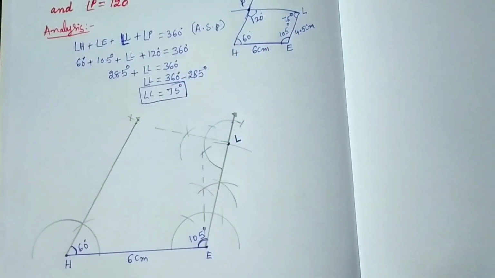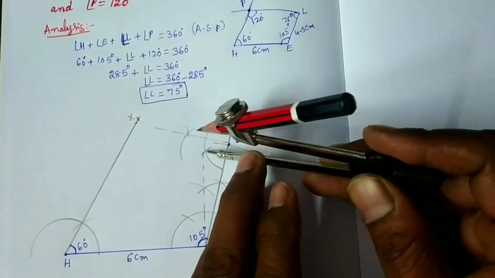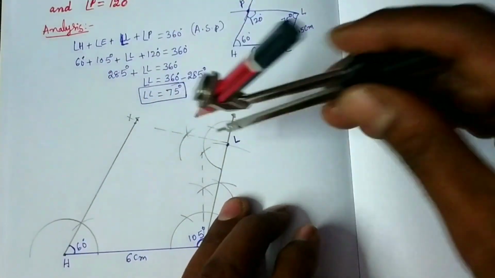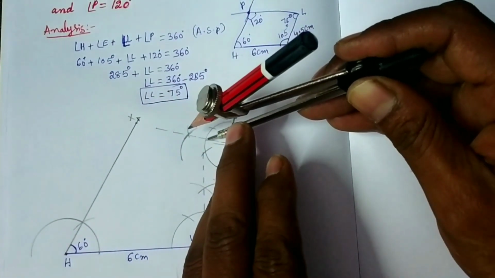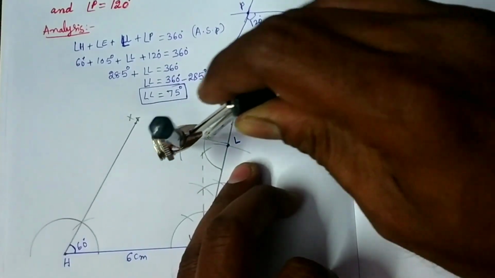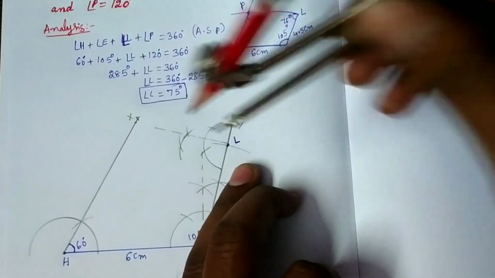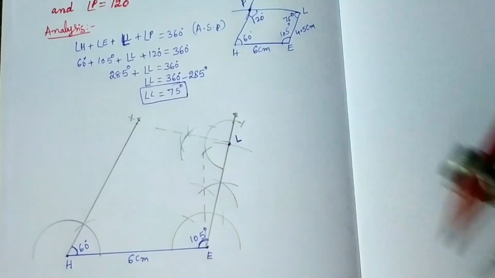75 degrees lies between 60 degrees and 90 degrees. So from 60 degrees you draw an arc. At 90 degrees, again from 90 degrees draw another arc. So they intersect here.